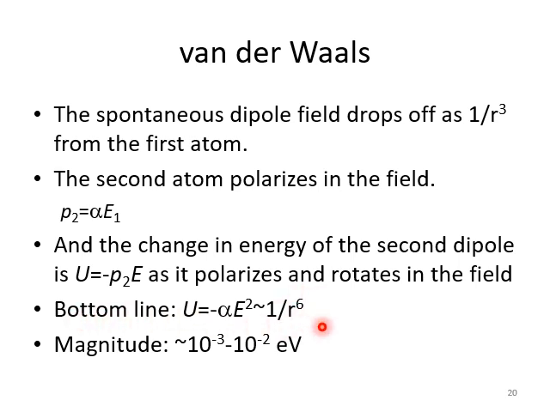When you look at the magnitude of that energy, it's pretty small, between 1/1000th of a volt and 10/1000ths of a volt. Remember that the bonding energy for covalent bonds is of order 1 to 10 electron volts. For ionic bonds, 1 to 10 electron volts. This is 1/1000th of that, but physically important.